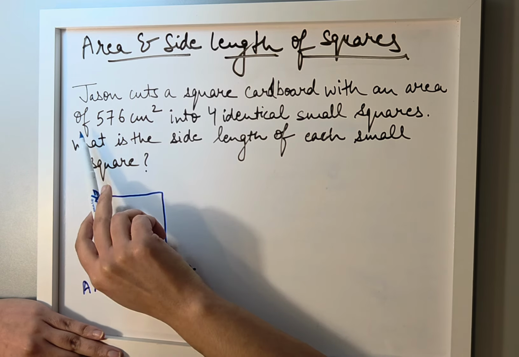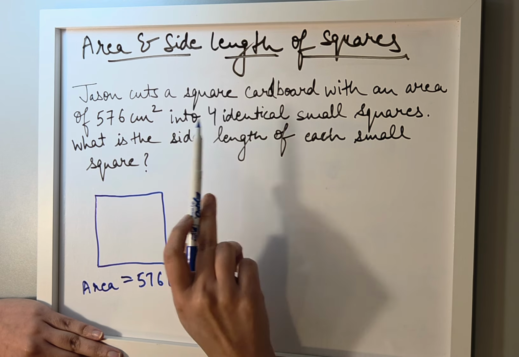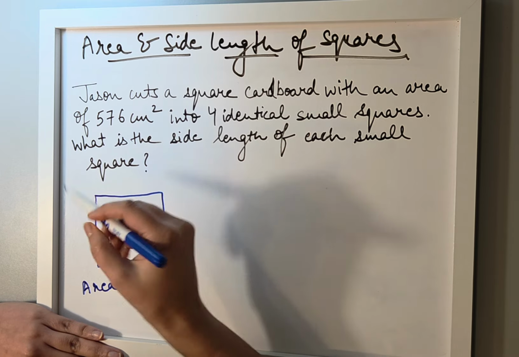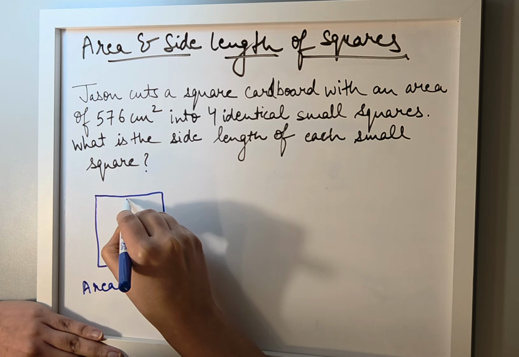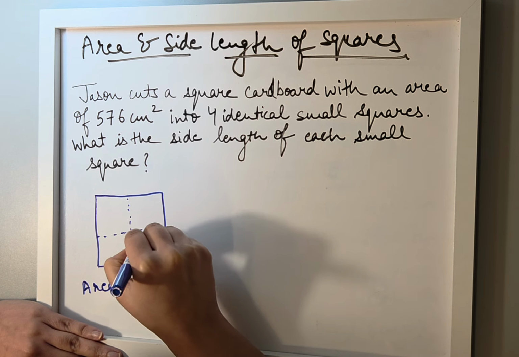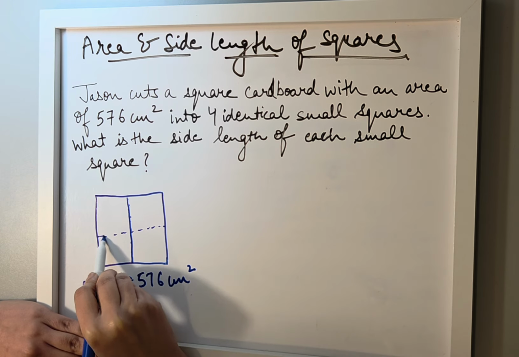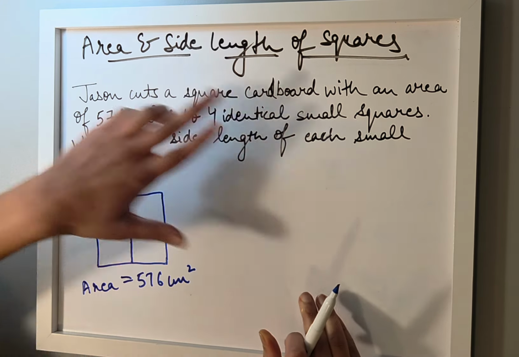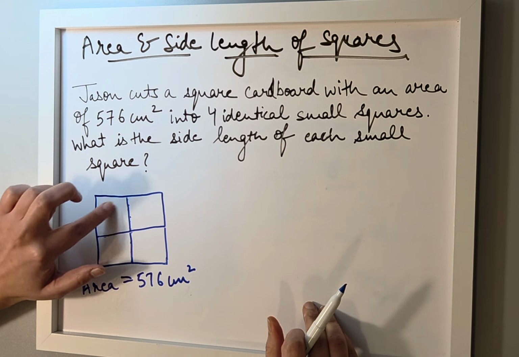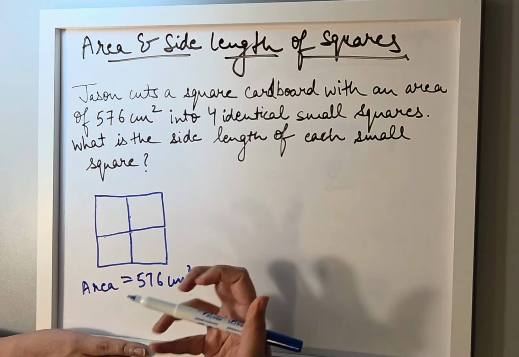Now, he is cutting the big square into 4 identical small squares. So basically he is making a cut. Okay, so it says 4 identical squares. So we know identical means it will have the same sides and the areas. So this is also a trick to help us find things.